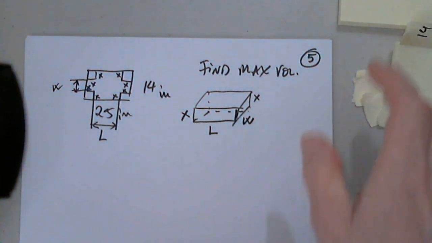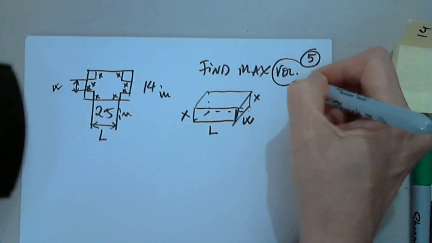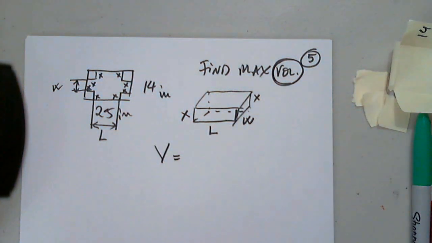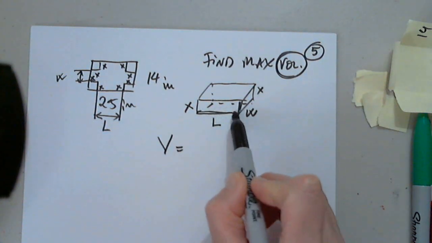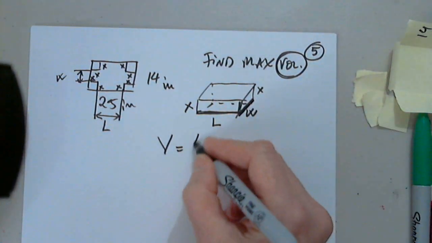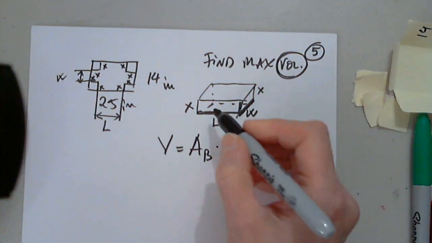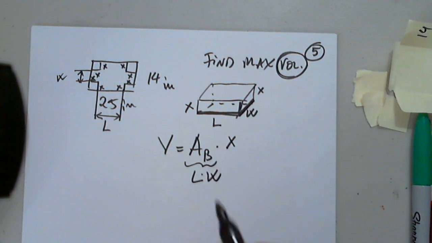Because obviously our target is the volume. So I have to find the volume of this box, but I can't find the volume before I find the length and the width. So I know it's the area of the base times the height, which is x, but I need to determine L and W to determine the area of the base.